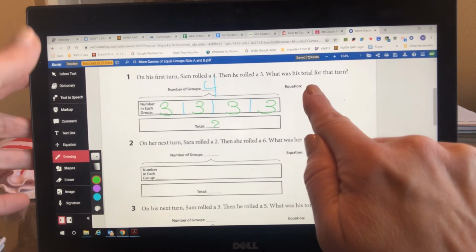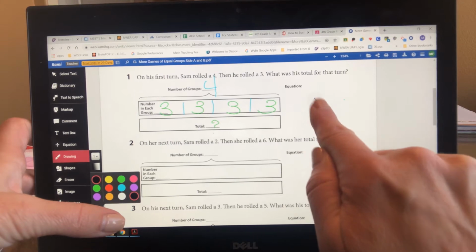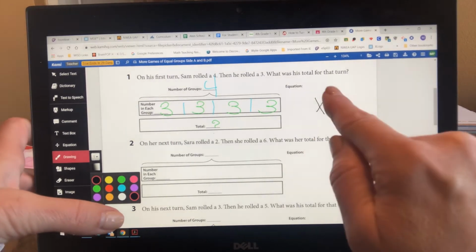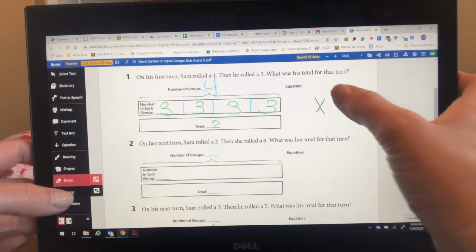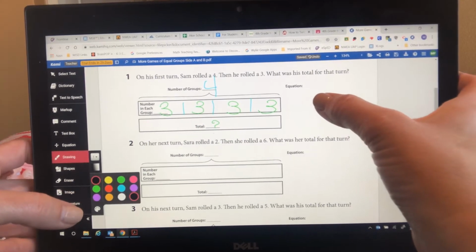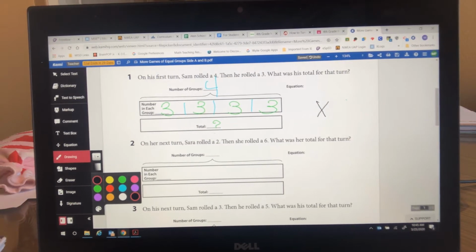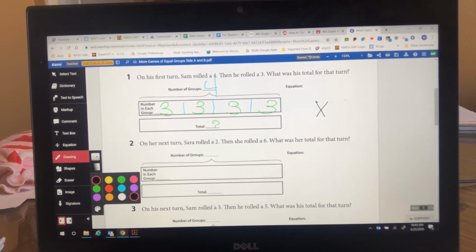Now remember this symbol right here. Let me see if I can get a different color. This symbol right here. A lot of boys and girls at this point consider this to be the times symbol. I want you to kind of reframe your thoughts about this symbol. And I want every time you see it to think about groups of.